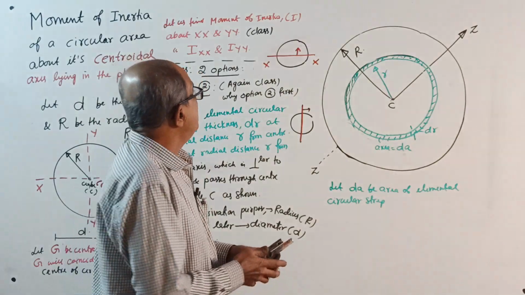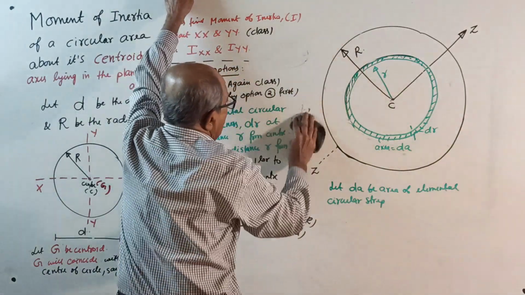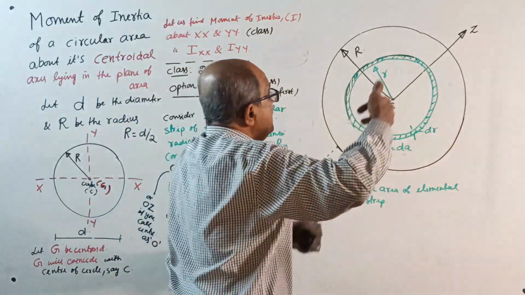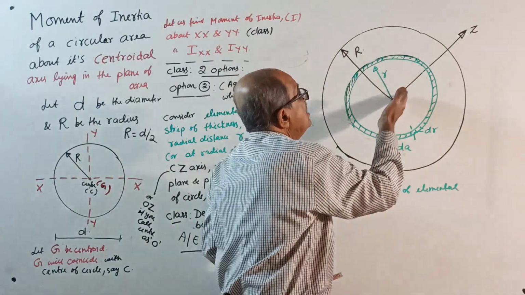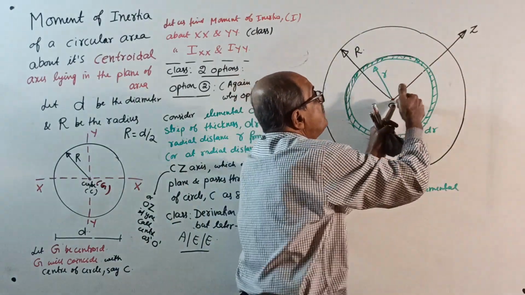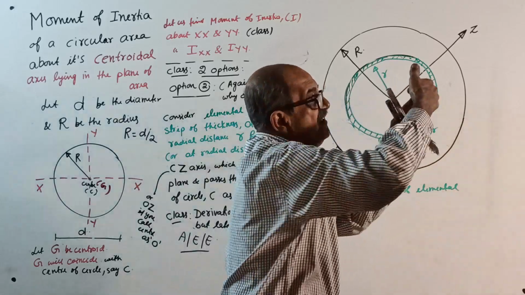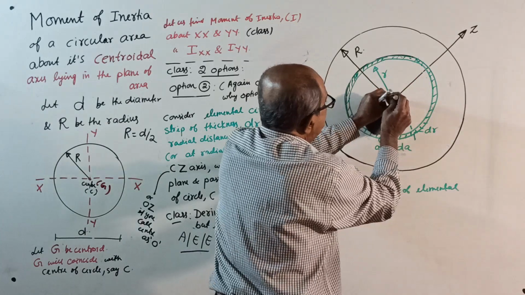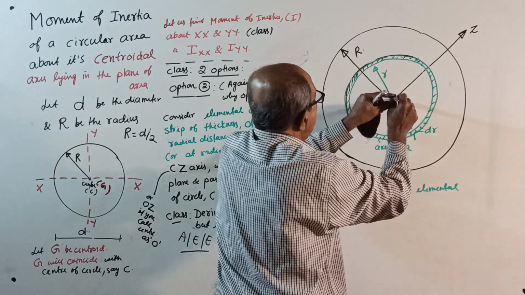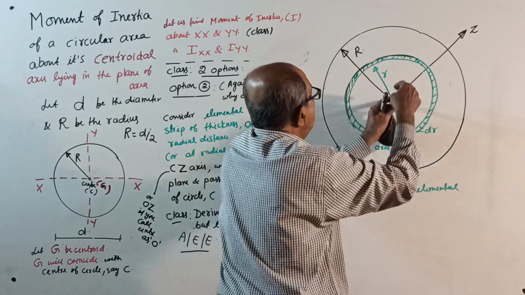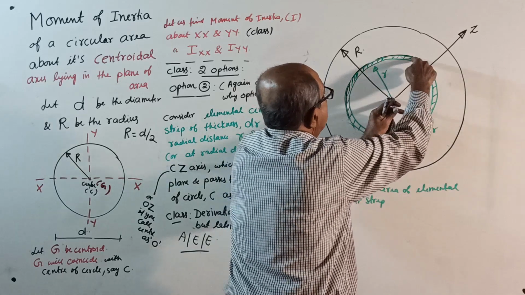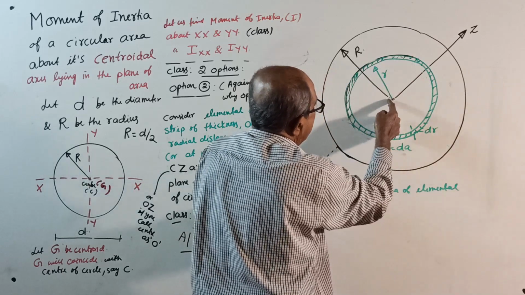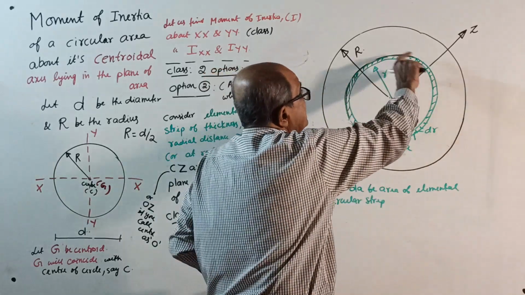When you take radial distance r, it is the distance from a perpendicular axis. I can't show it here, but I wrote CZ. If I take this axis, then wherever you are in the strip, the radial length is r, for the complete strip.